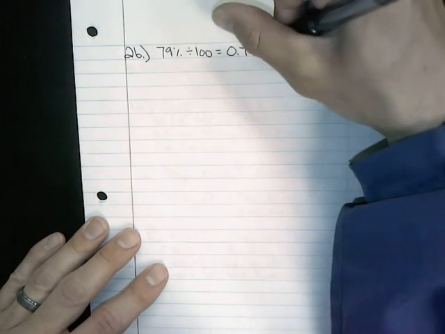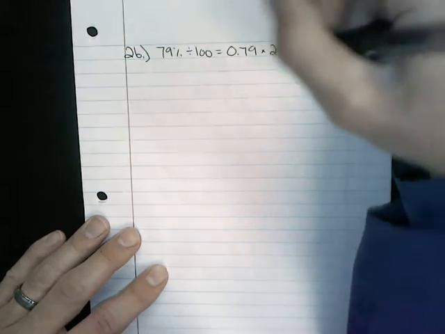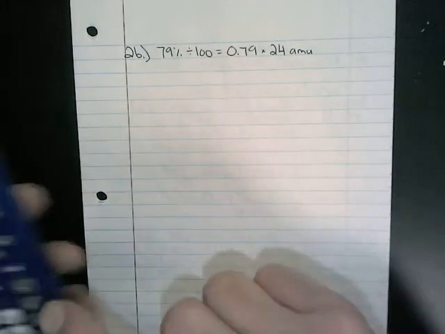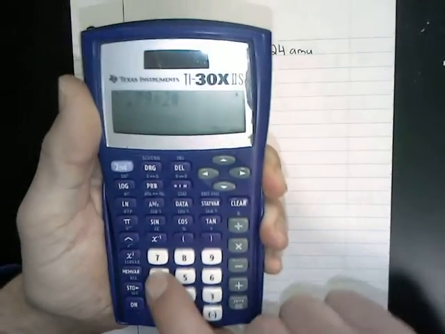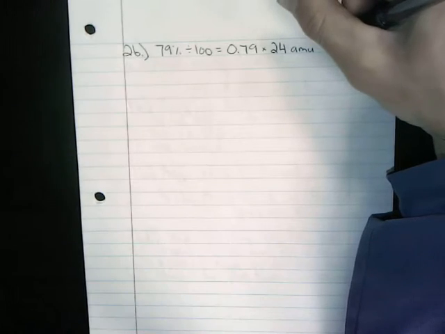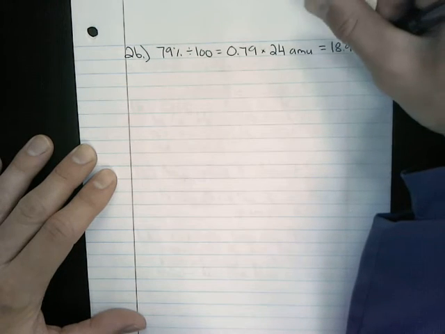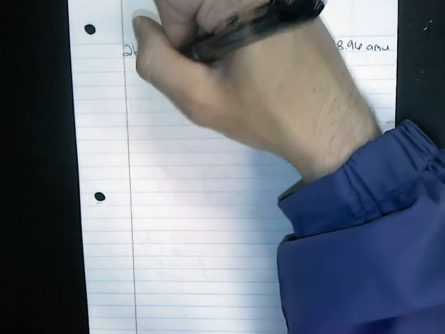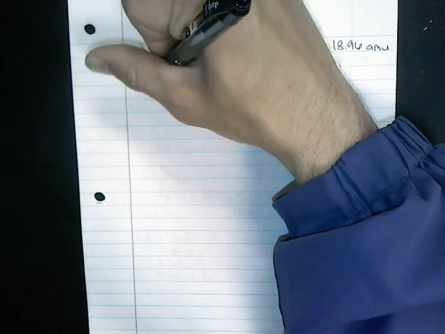And I'm going to multiply that by the atomic mass that's seen there, and that is 24 AMU. Now, I'm going to calculate this because we're going to need this in a second. We have 0.79 times 24 AMU, and that gives us 18.96 AMU.